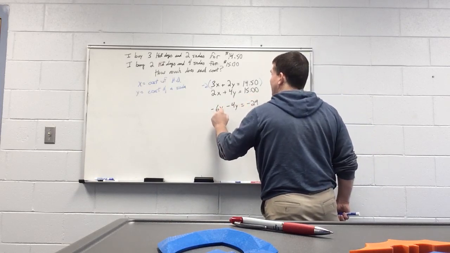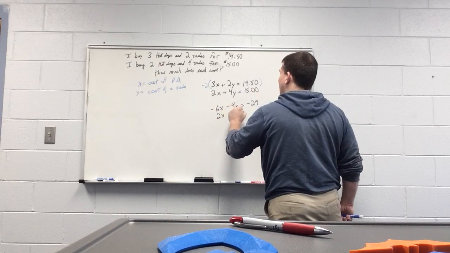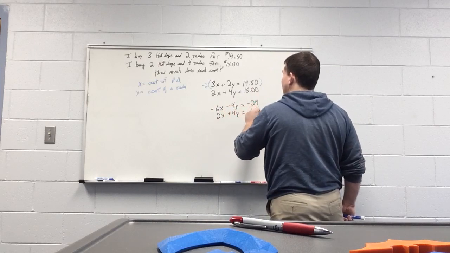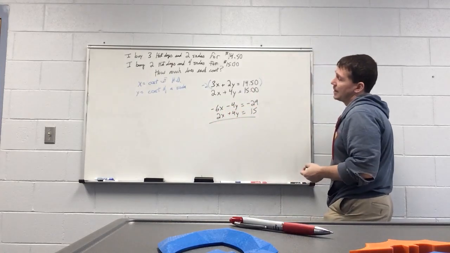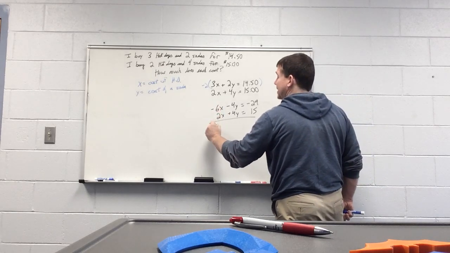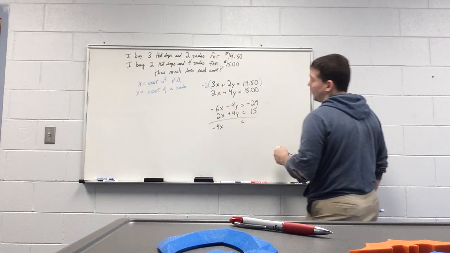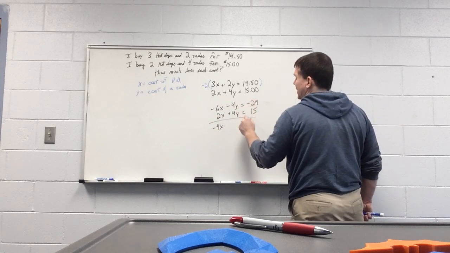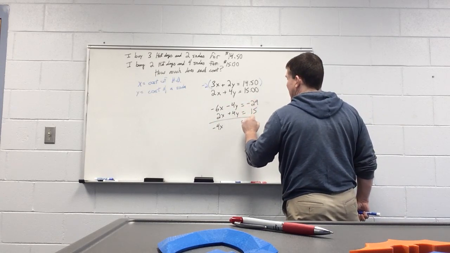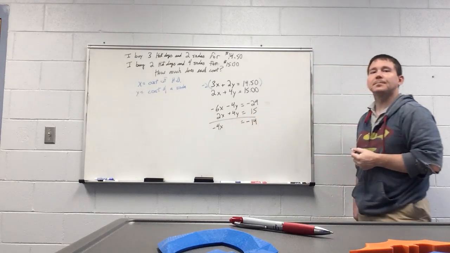On the bottom, I have 2x plus 4y equals 15. Now combine. 2x minus 6x is -4x. 4y minus 4y is 0. 15 minus 29 is negative 14.